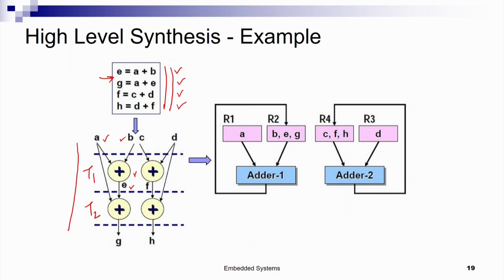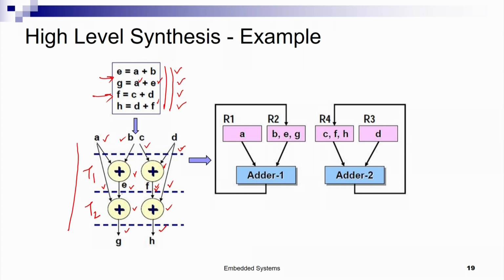At time step 2, because E is generated at the end of time step 1, this E and A are added in this adder and the output G is produced. Similarly, for statement 3, C and D are passed through the adder and the output F is produced, and at the next time step F and D are added in this adder and the output H is produced.